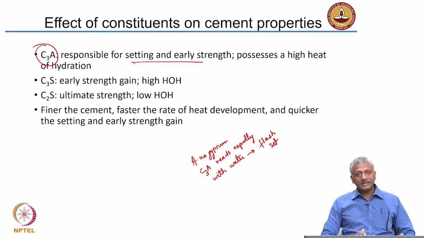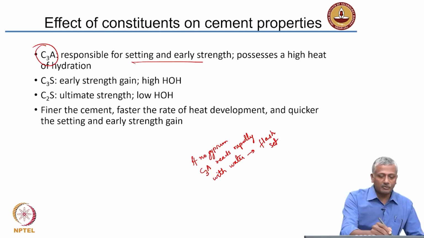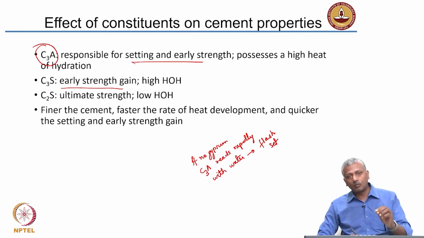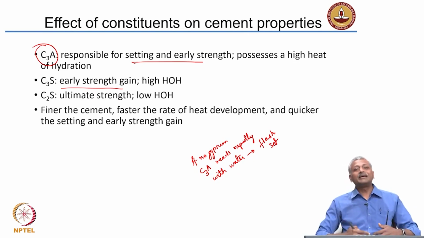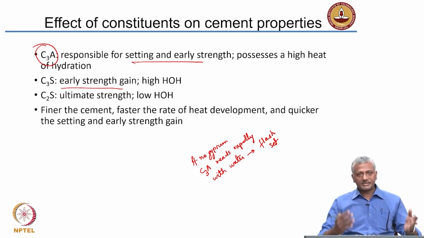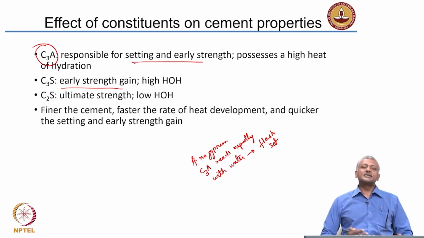So, C3S also is responsible for early strength gain. That is why we want more of it, so that we can gain strength early. Right? Most modern construction projects, we want to finish fast and get over and go to the next stage. Right? So, for the concrete to be able to gain strength fast, the cement should be also rapidly strength gaining. Okay?